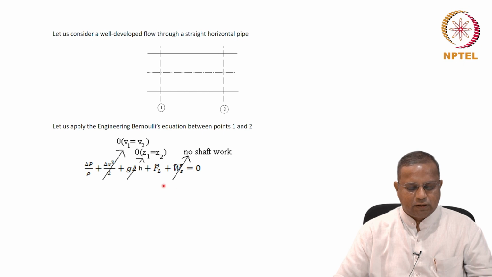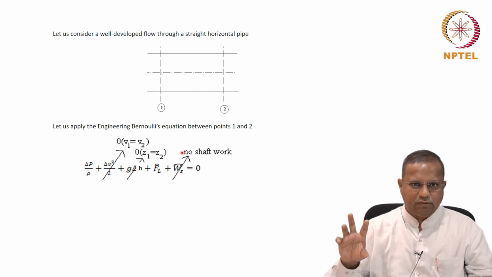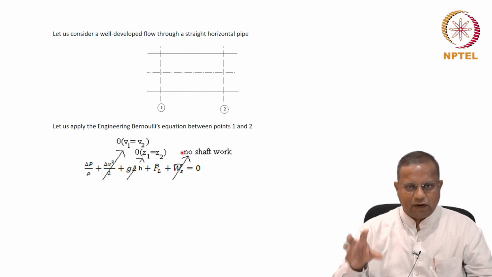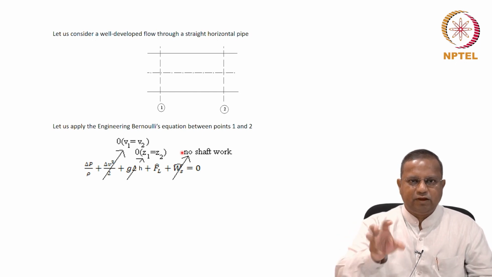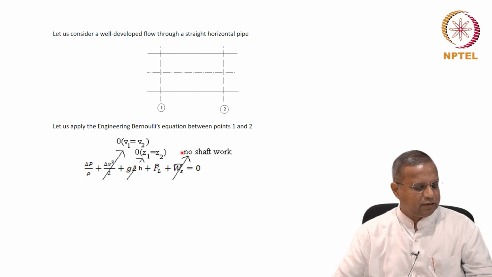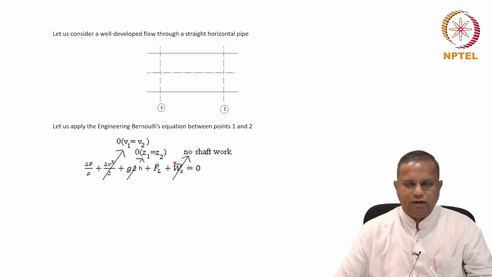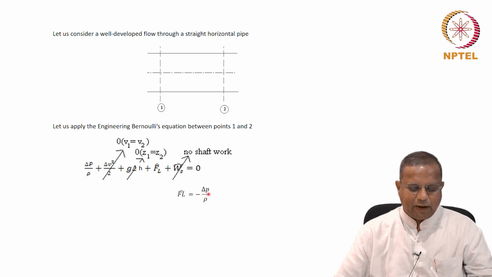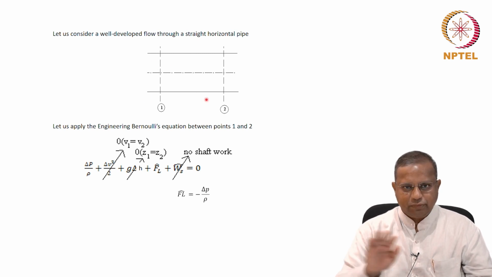Any such work that is introduced is called shaft work. To start understanding shaft work, let's say if there is a pump in the system, you could say that there is shaft work that needs to be considered. Till then, no. So what we have here is F_L hat is nothing but minus delta P by rho for this situation. One aspect.